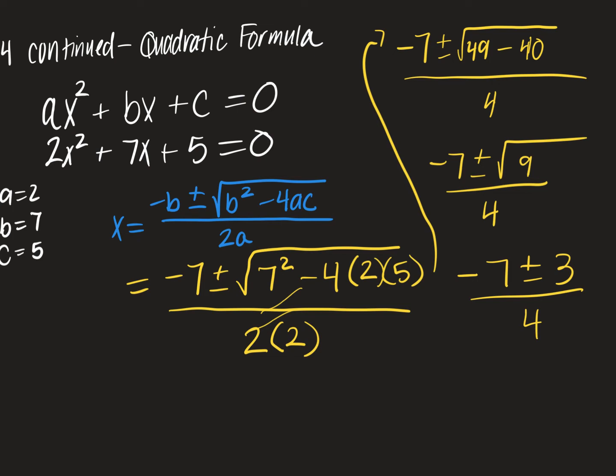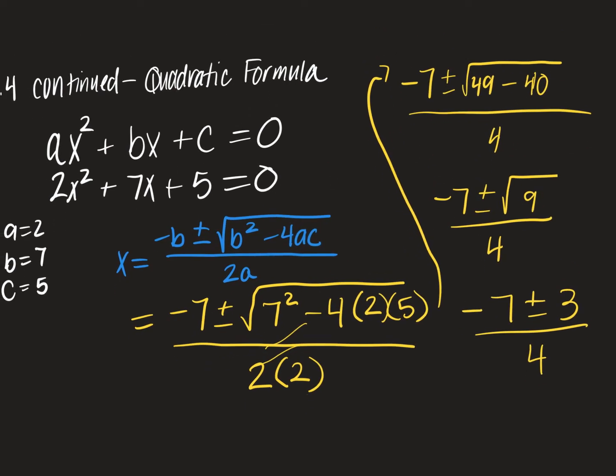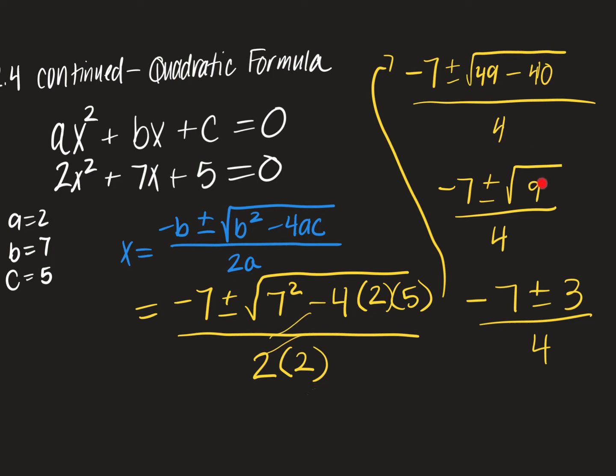Sorry, I'm confused. Where does 9 come from? So I did 49 minus 40 to get 9. And then I took the square root of 9 to get this 3. Is everybody with me so far?